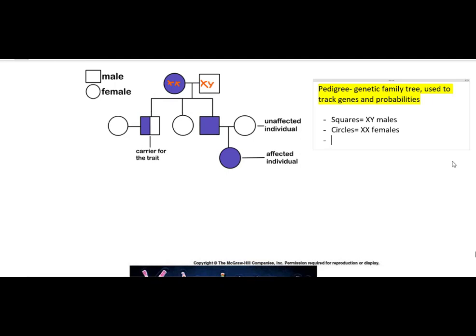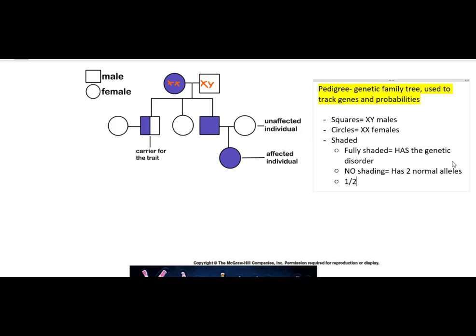The other thing you'll see is that some of the squares or circles may be shaded in. If the square or circle is fully shaded, this means the person has the genetic disorder we're talking about. If there's no shading at all, it means the person has two normal alleles for whatever genetic disorder we're talking about.